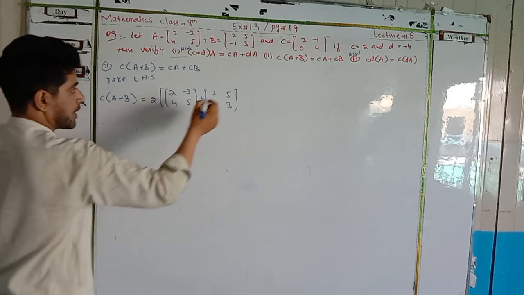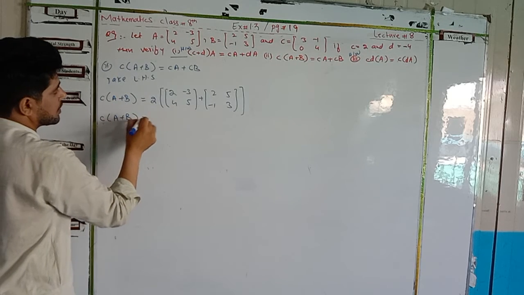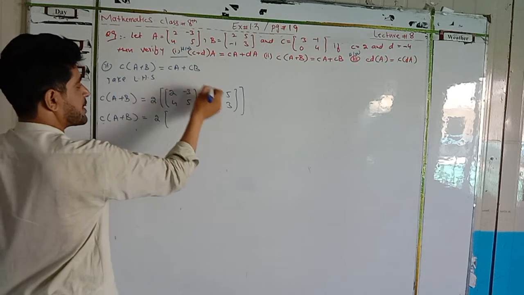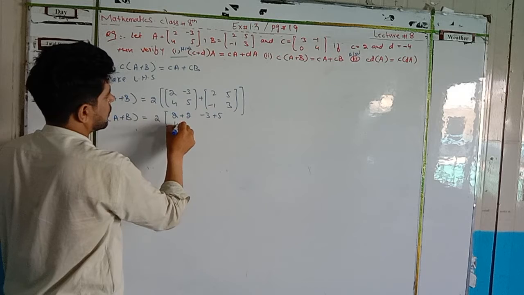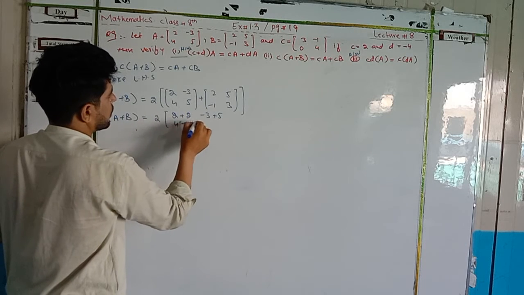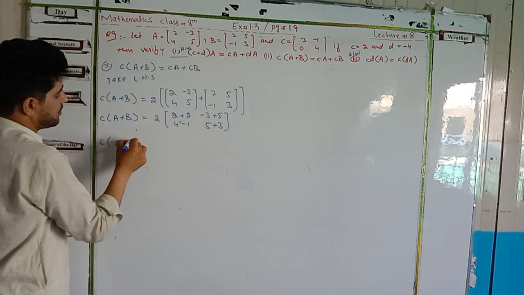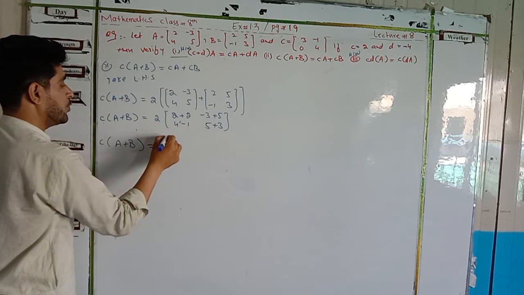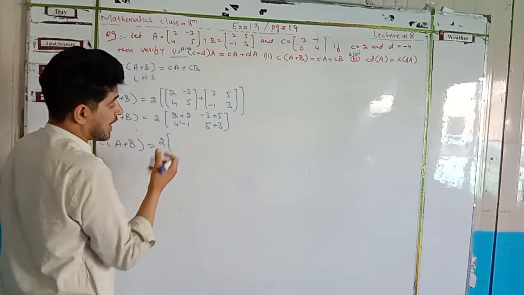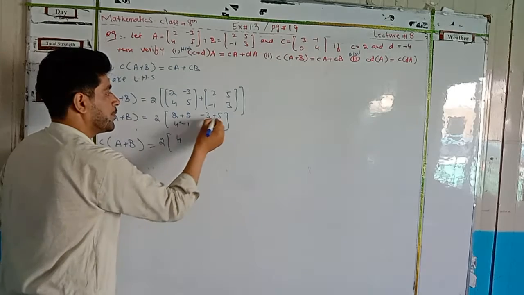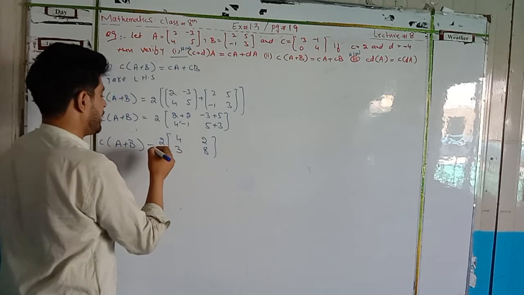I am doing it directly. C into A plus B: add first element to first, second to second, third to third, and 5 plus 3. I have already explained addition and subtraction. 2 plus 2, 4; 2, 3 and 8.